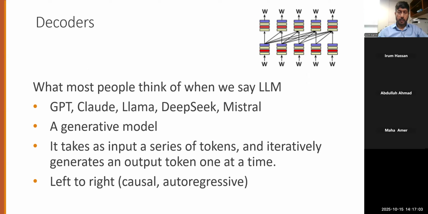So this is also called a left to right causal model or autoregressive model. And as I said, this is the most common model that is popularly known today. GPT and Llama and so on are all decoder models. By the way, a feed-forward neural network, which I will discuss shortly, would also be a decoder if you use it as a neural language model.